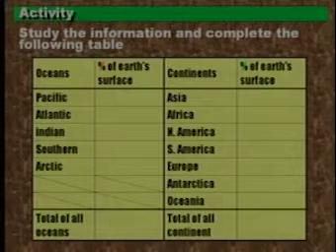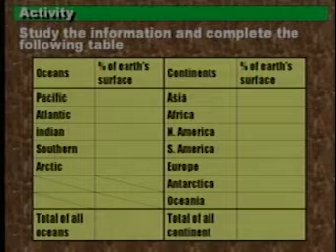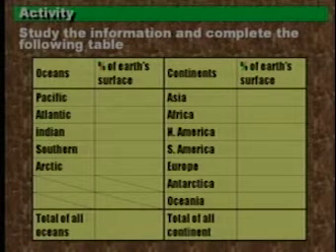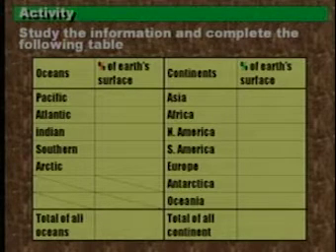There is a space left blank for you to fill in the percentage of the Earth's surface that the Pacific Ocean covers, the percentage that the Atlantic Ocean covers, similarly for the Indian Ocean, the Southern Ocean, and the Arctic Ocean.